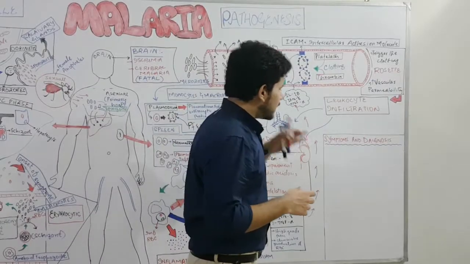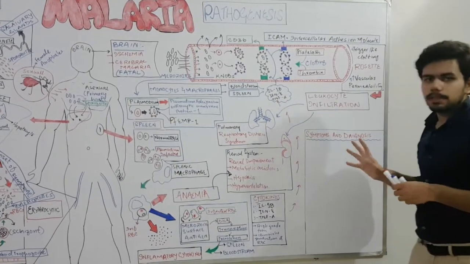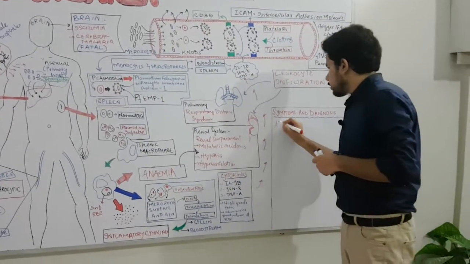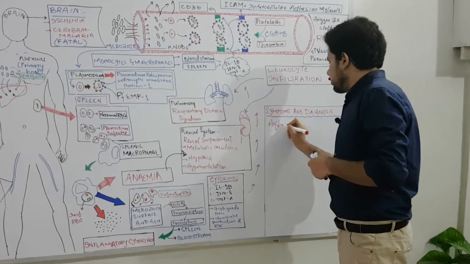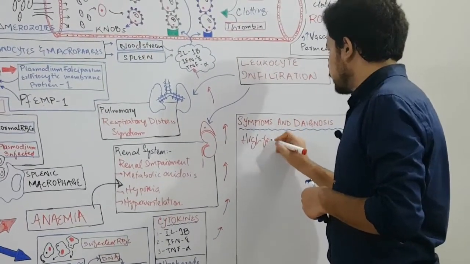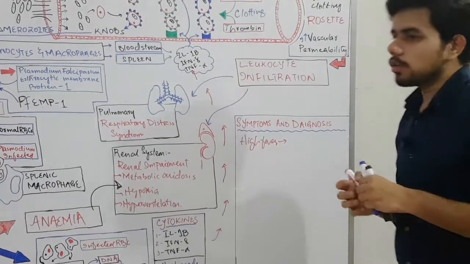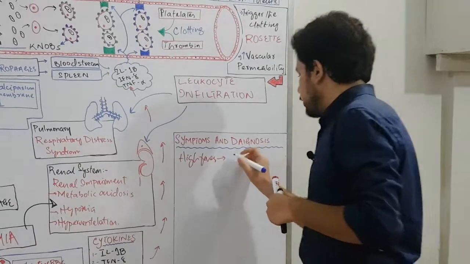So what are the main symptoms in malaria? The main symptom in malaria is high fever. In malaria there is very high fever, up to 104 or 106 degrees, high fever. And this high fever is not normal. It is with shaking chills.